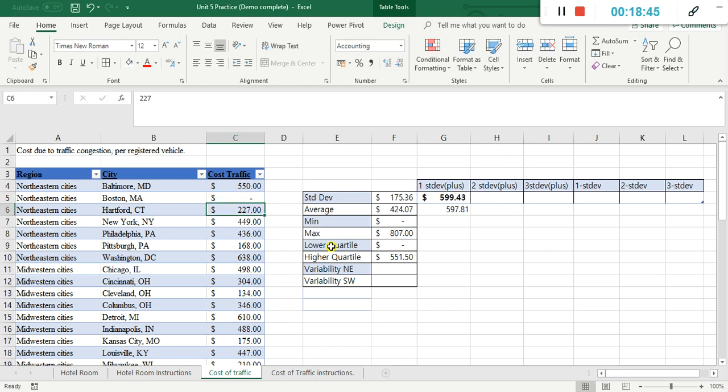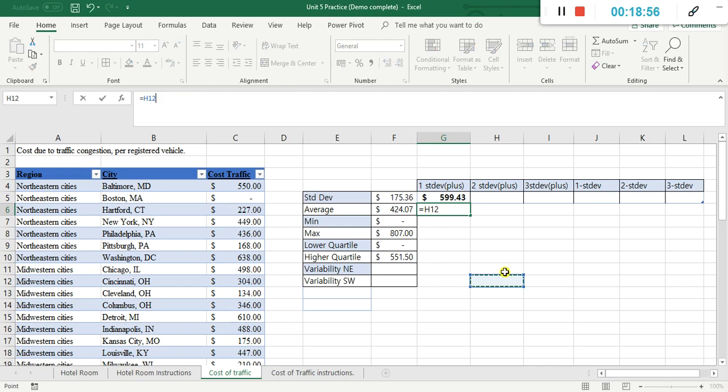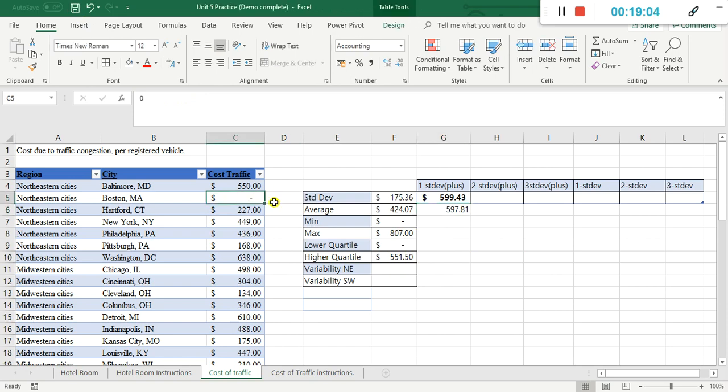You realize how everything changes? This change, and this change. But not this one. This one doesn't change because I just added the numbers that I said. That one remains the same. Okay? 597.81 doesn't change. So this is good because, like I said, when we use cells rather than numbers, then we can change the data, work with it, and then everything will be automatically updated.